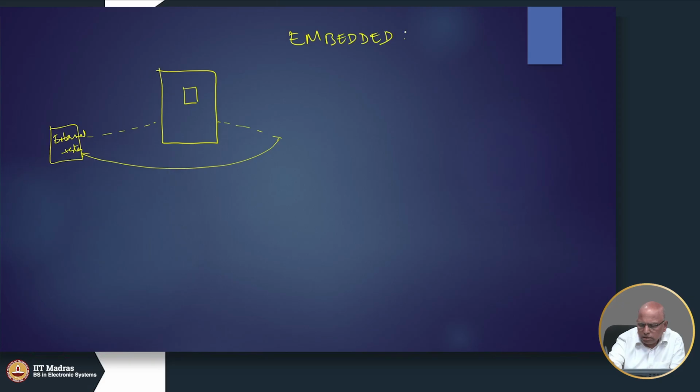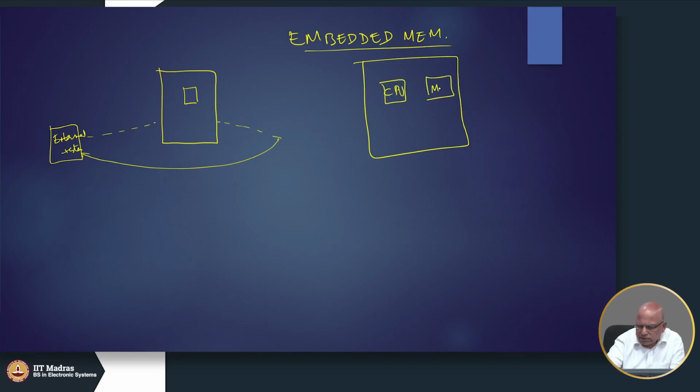What does it mean? Today our technology is advanced and allows you to put many things in the same chip. So you can put a CPU here, we can put SRAM memory. In fact, many memories may be there, many CPUs may be there. So this is what is called a system on a chip.